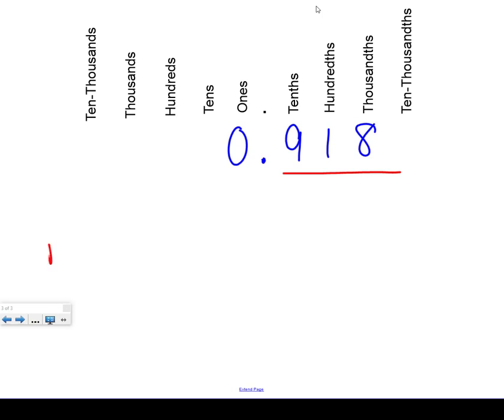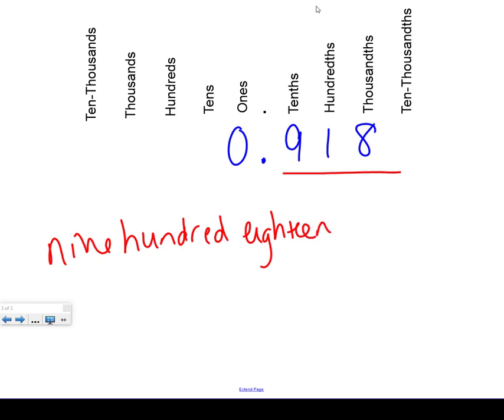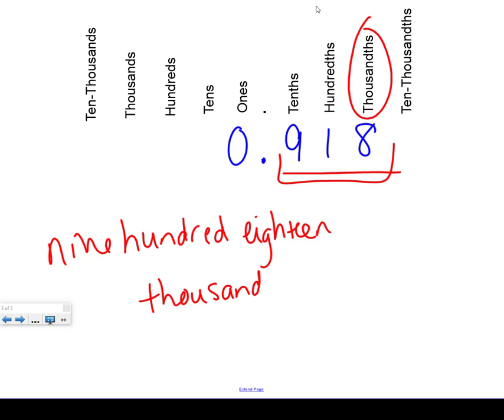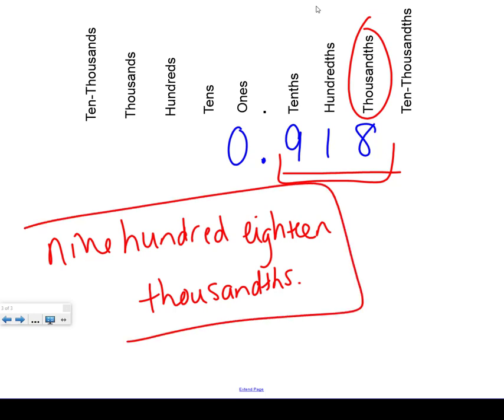So it's just 918. And I wrote the whole word that I have, 918. So I write the place value that we end in, and it's thousandths. So to read this, I read what I see, 918, and then the place value, thousandths. Final answer.